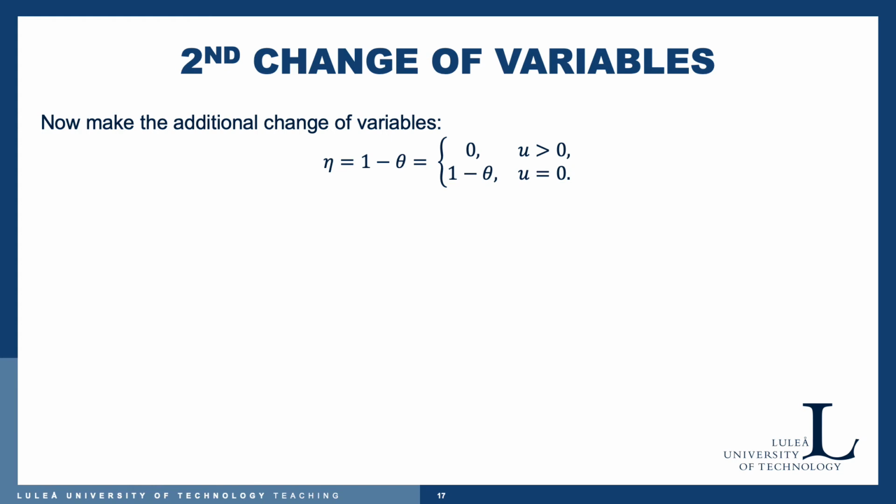Now we come to making the second change of variables, and this is to have another complementarity variable. Here we make eta equal to 1 minus theta, which means that in the full film or fully saturated region, we have eta equals 0, and otherwise it will be 1 minus theta.